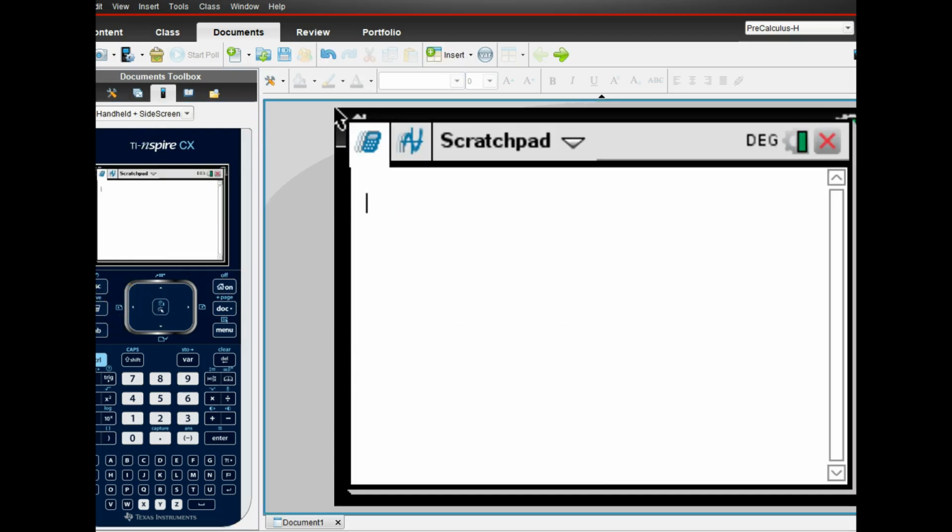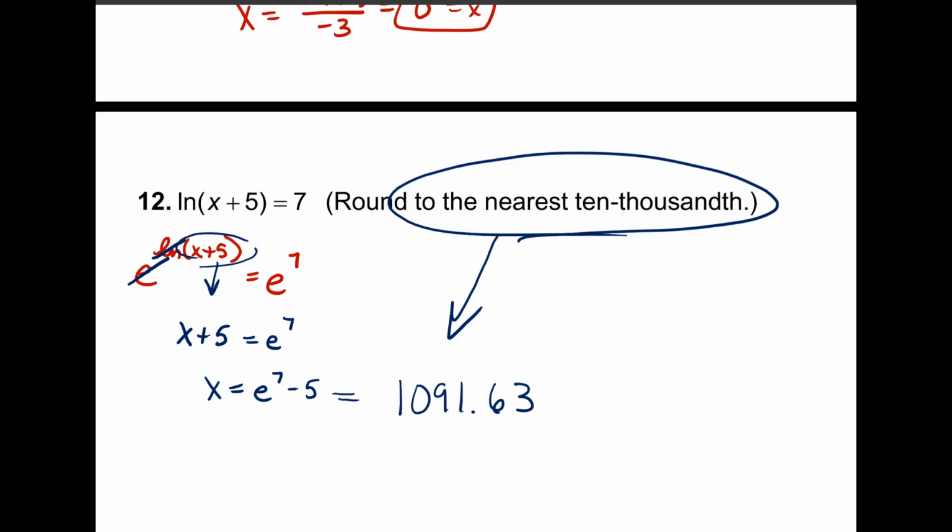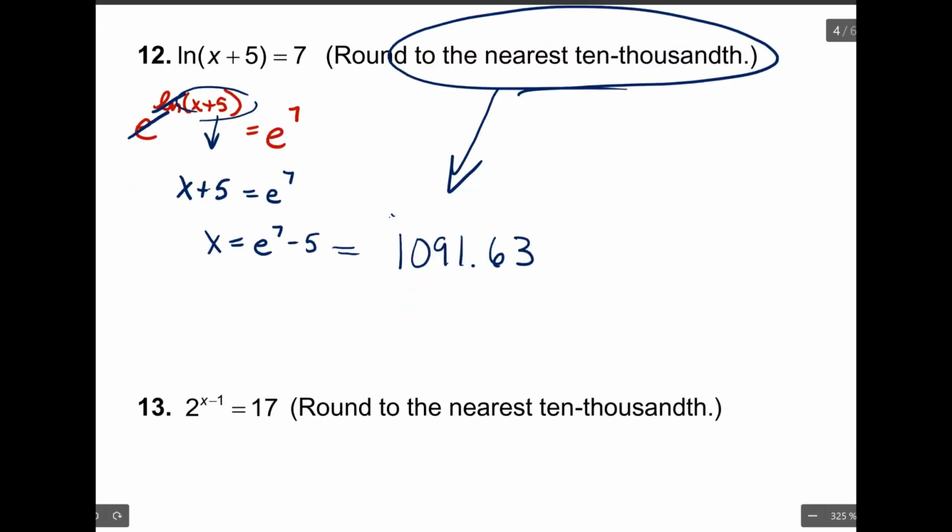Okay, so there's this little e to the x button. Oops, I don't know why I pushed it so many times. So e to the 7. Push the arrow key over by 1, that way I'm out of the exponent, and then I minus 5. I just got it. Thank you. Okay. Alright. So cool. So this is literally the exact answer. So like, that's it. There's no more decimal places needed.